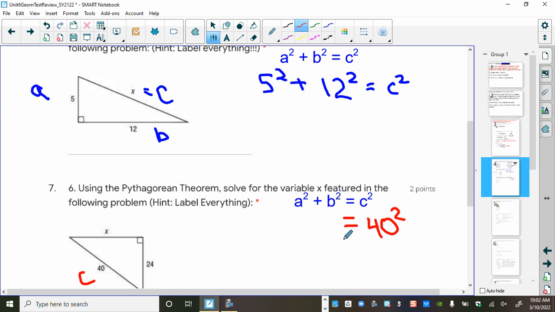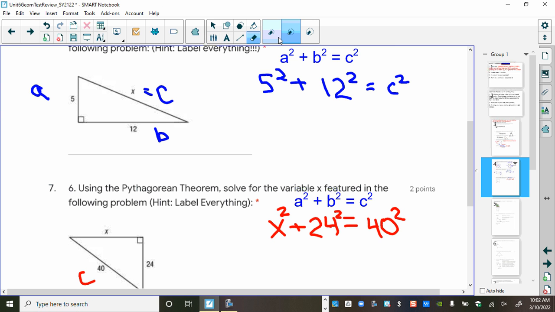Well, be careful. Where's the 40? Yeah, because you got to be careful. This is where a mistake can easily happen. Because we tend to put these two numbers together.